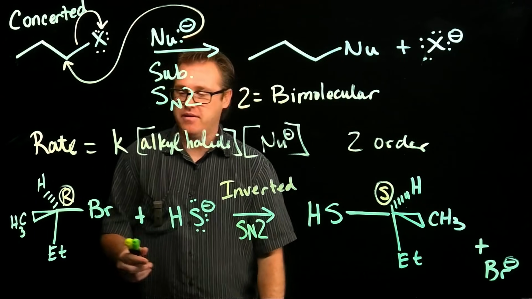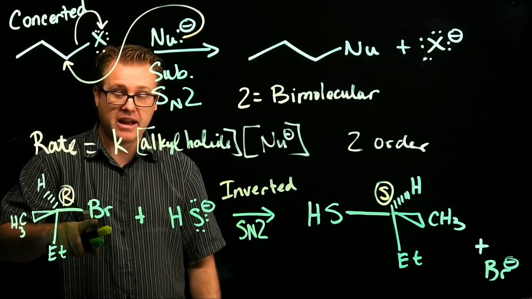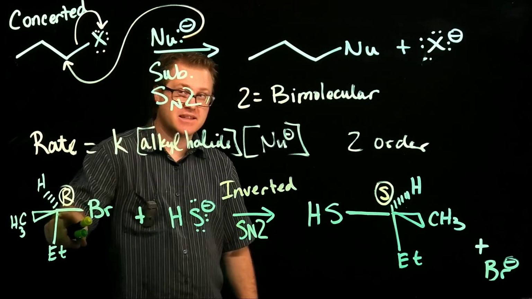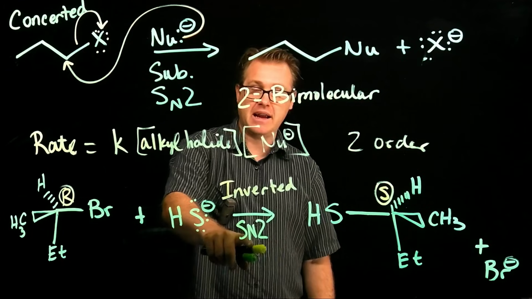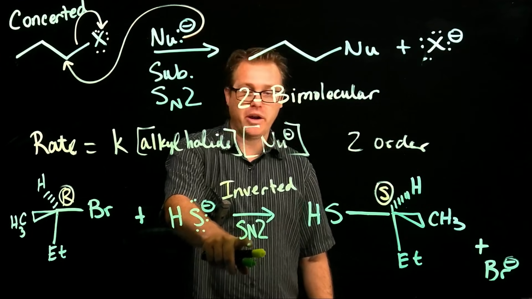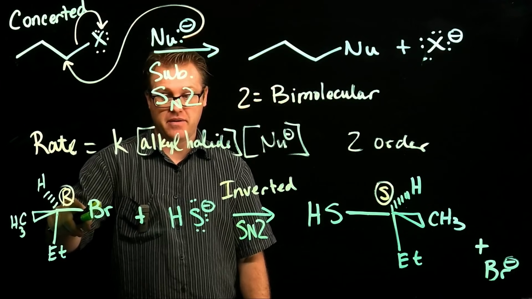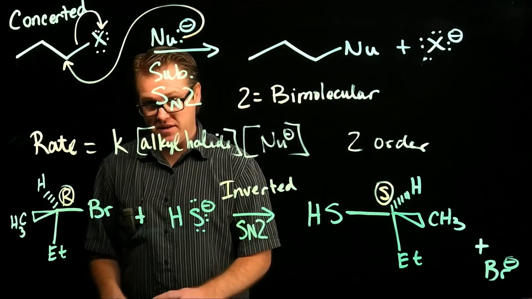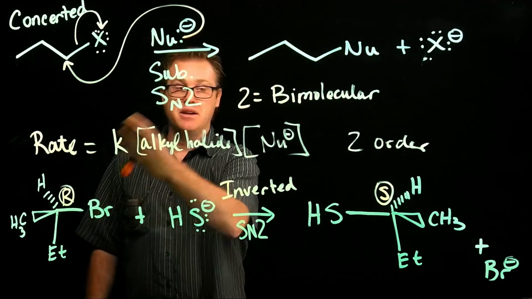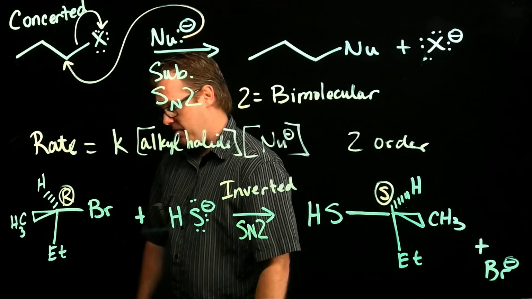Whenever you have an alkyl halide attached to a carbon that is a stereocenter, and you do a SN2 reaction, you are going to invert the stereocenter. If it starts as an R, it will go to an S, and vice versa. If it started with an S, it would be inverted to an R every single time.